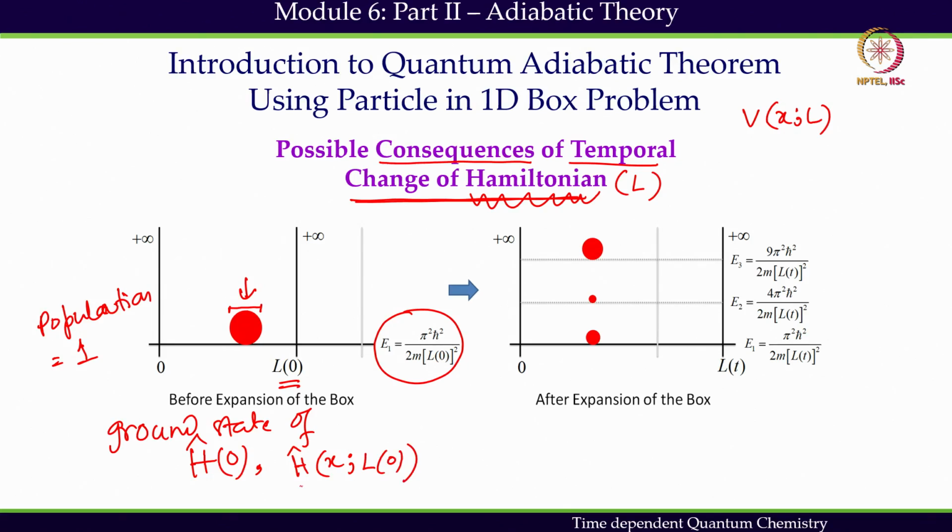That is the Hamiltonian we have. So, at t equals 0, the Hamiltonian would be H0, and for that H0 I will have this equation. So, H0 psi0 equals E0 psi0.